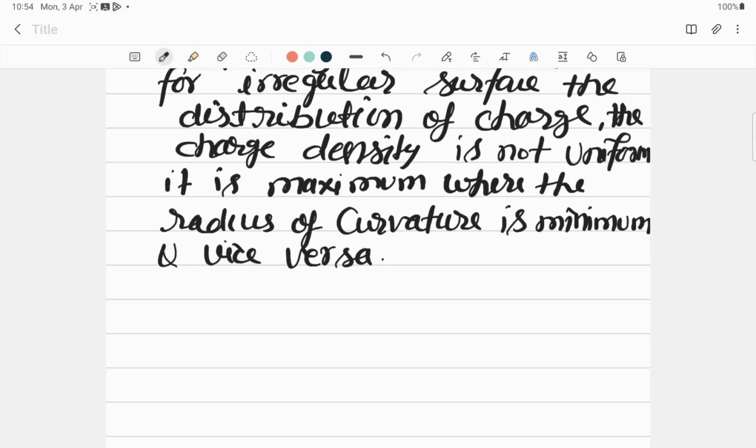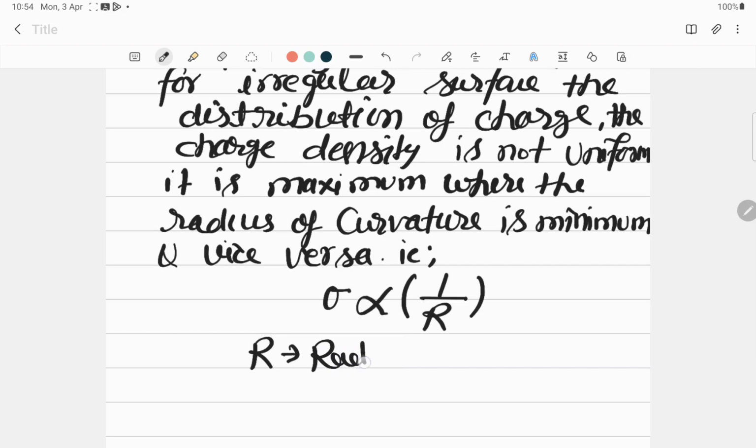This means charge density sigma, small sigma, is proportional to 1 upon r. Here r is the radius of curvature. Radius of curvature actually indicates how much it is curved.